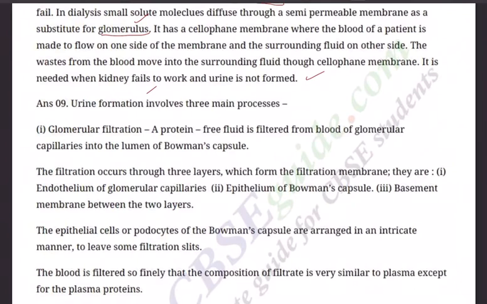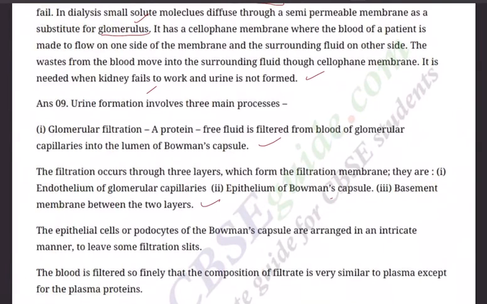A protein-free fluid is filtered from blood of glomerular capillaries into the lumen of Bowman's capsule. The filtration occurs through 3 layers which form the filtration membrane. They are the endothelium of glomerular capillaries, the epithelium of Bowman's capsule, and the basement membrane between the 2 layers.